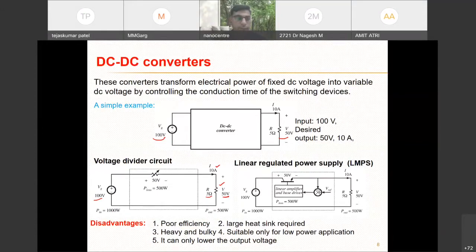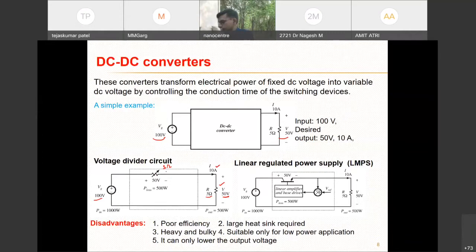One fundamental way is to use a voltage divider circuit: one resistance that is fixed and another variable resistance, and we vary this resistance until the desired voltage is achieved. Let's say 100 volts is the input voltage, and this is a 5 ohm resistance across which we want 50 volts output.